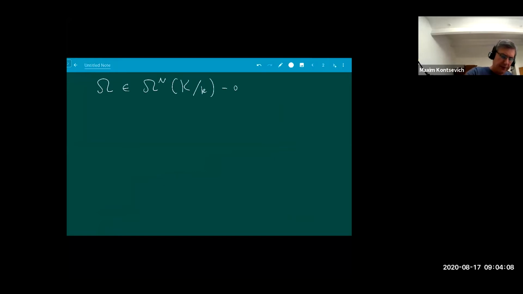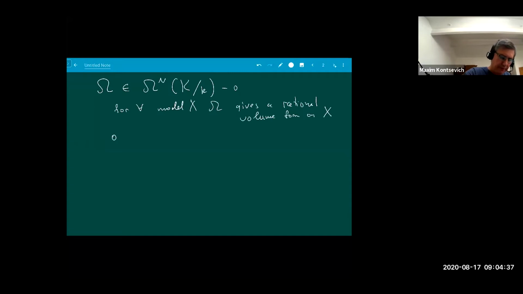For any given model, omega gives a rational top degree form, a rational volume form, on X. This form will have poles and zeros along some divisors.